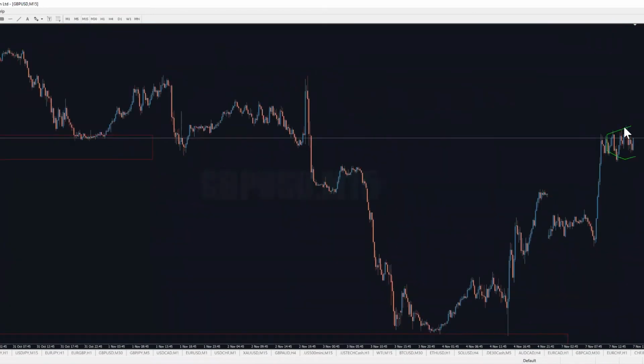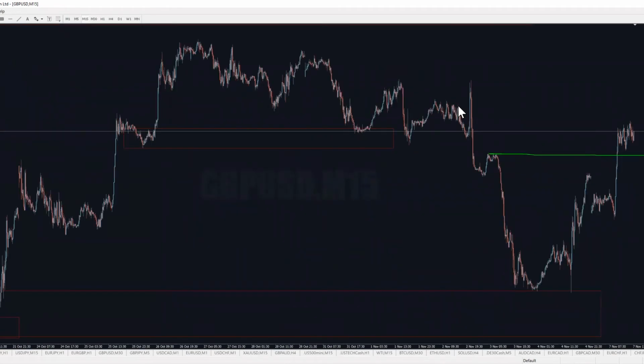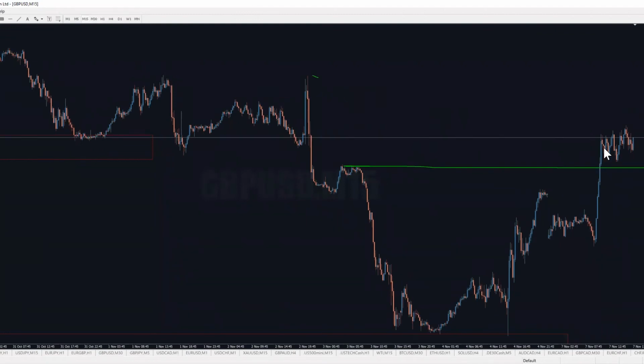You can see how price has been behaving today. Yes, we did break this level of structure. Price got quite close there. Maybe this could have been a zone to look for an opportunity. In the shorter term, I could see price getting closer to this level in there.